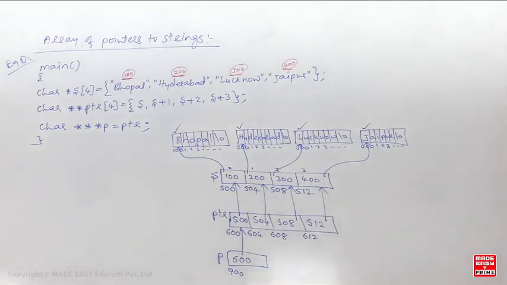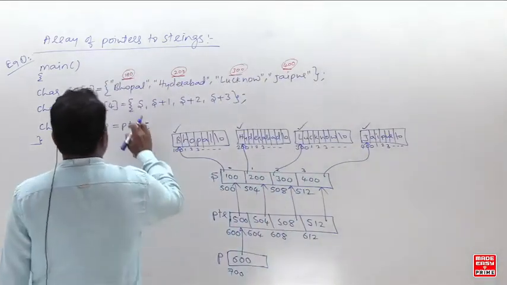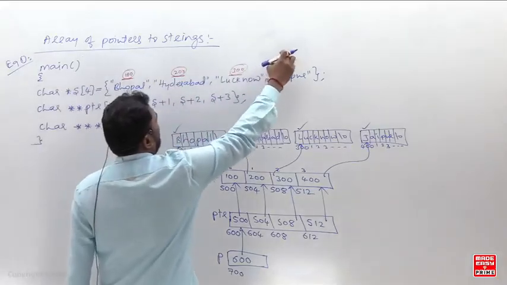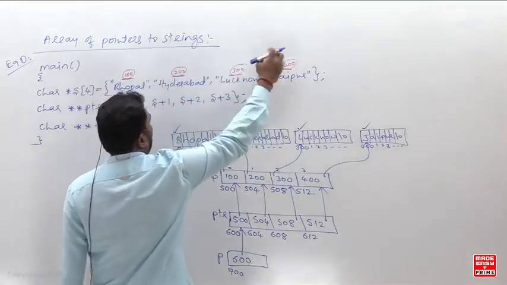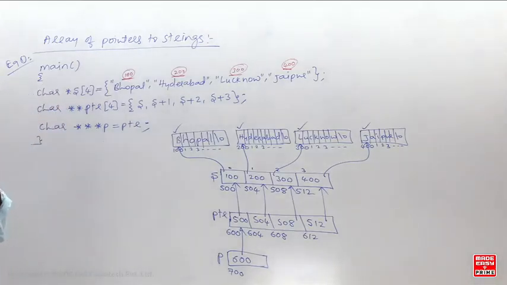You are storing the addresses. There is no null character. Why are you having a null character? I don't understand. It is an array of pointers. You are storing addresses of the 4 characters. Karthik Gupta, I think now that is clear for you. Is this clear for everyone? Is the diagram clear for everyone?